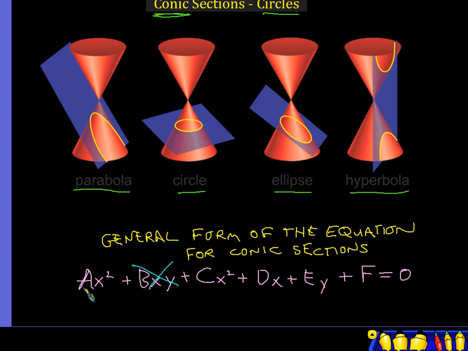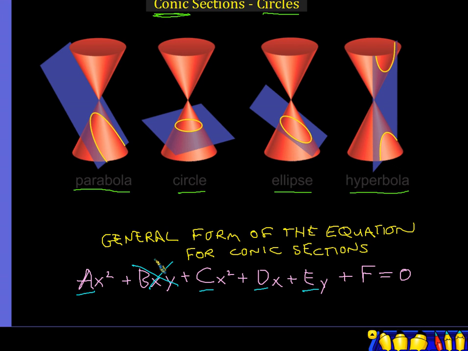These letters A and C and D and E, those are actually constants. Those are not variables. The only variables here are the x and the y. That's it. The f is also a constant. And depending on what the value of A and C and D and E are, and F, we get different conic sections.